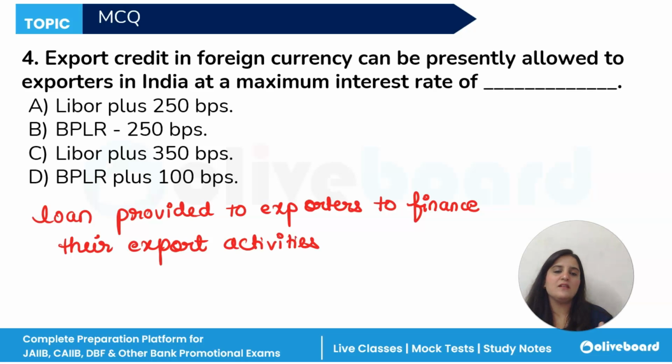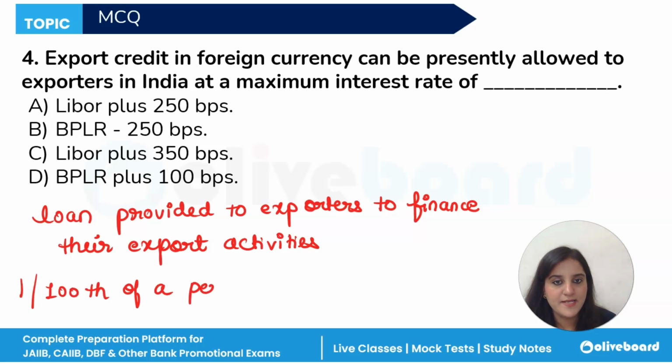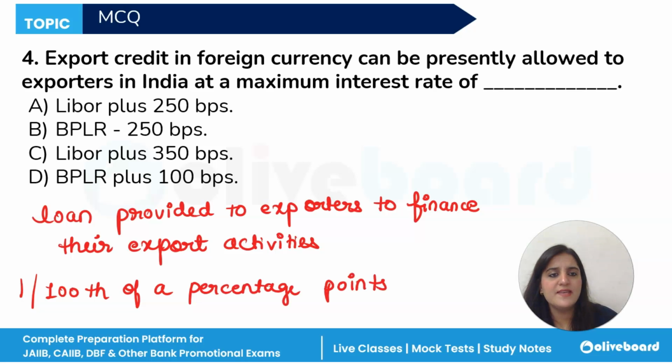The interest rate here on such loans is often linked to an international benchmark rate like London Interbank Offered Rate plus a certain number of basis points. A basis point is basically equal to 1 by 100 of a percentage point. So we can say that 350 BPS would be equal to 3.5%.